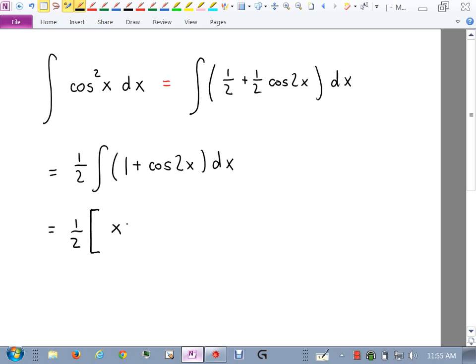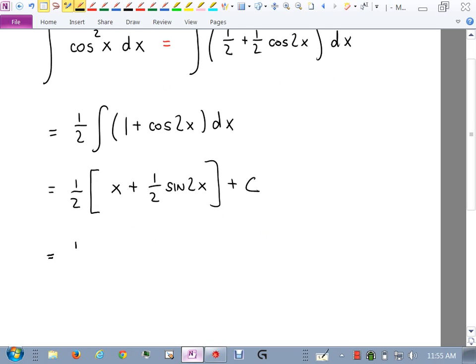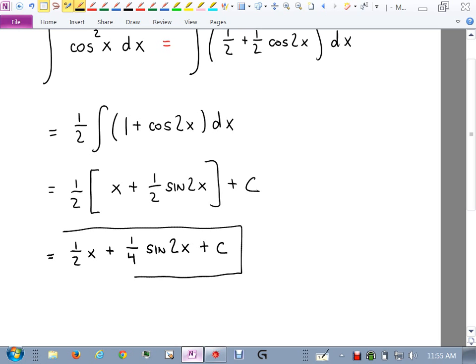Antiderivative of 1 was x, plus, we said, 1/2 sine 2x, plus c. So 1/2 x plus what? 1/4 sine 2x plus c. There it is.